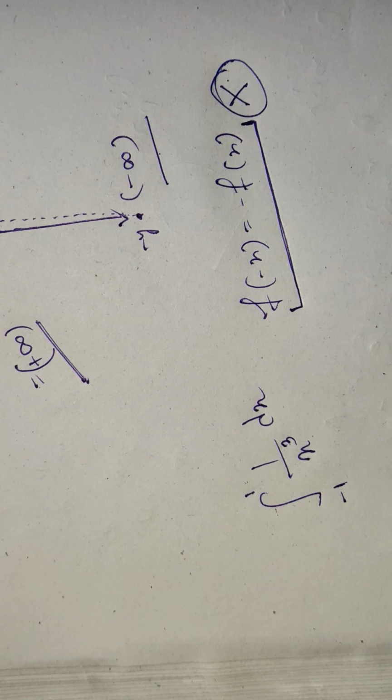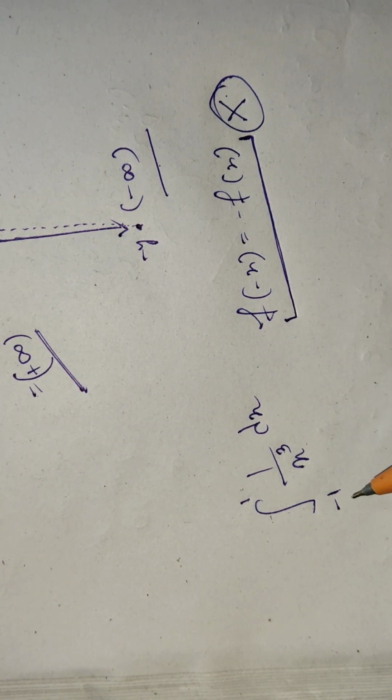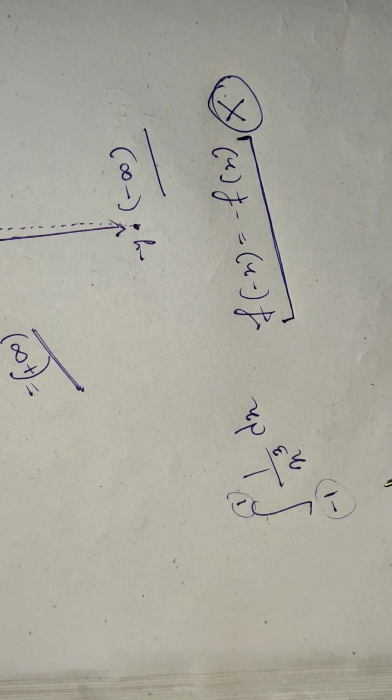Now why is the answer not 0? Let's solve with the definition. First of all, this is -1 and this is 1, so there is no infinity at the lower or upper limit. So you have to talk about type 2, where the function is not bounded in the region.